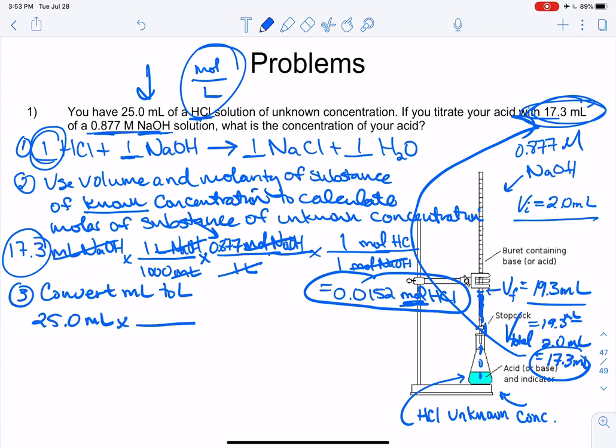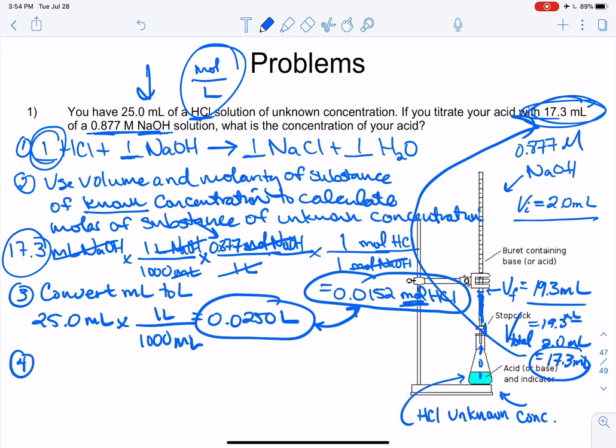You can write that in if you need to. And again, we need to get rid of milliliters and go to liters. And this ends up being 0.0250 liters. So we have to put that together with that right there, and then we will be done.